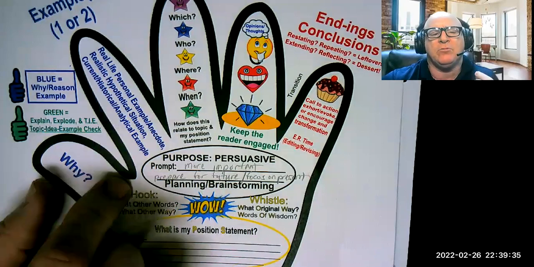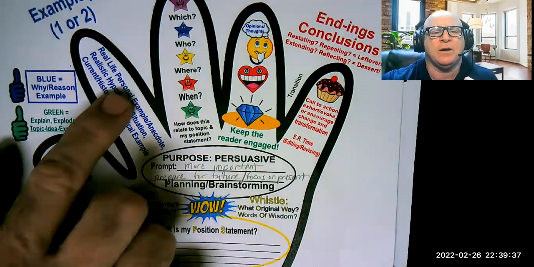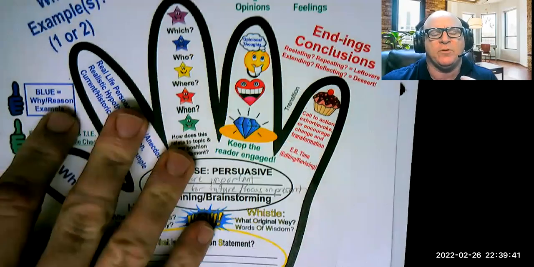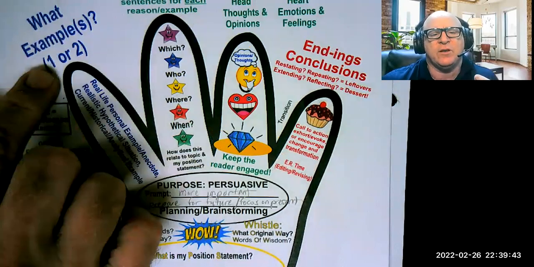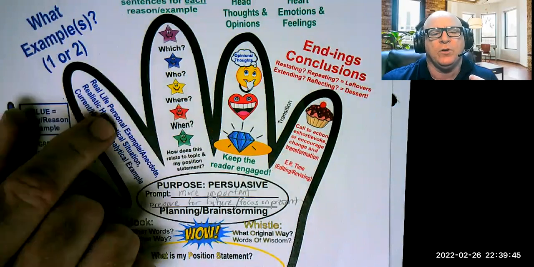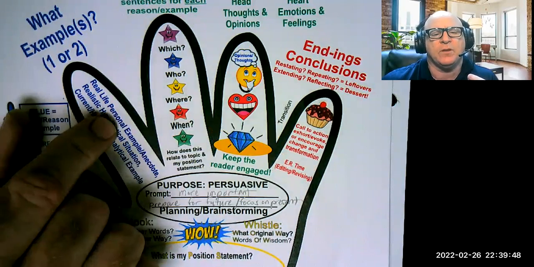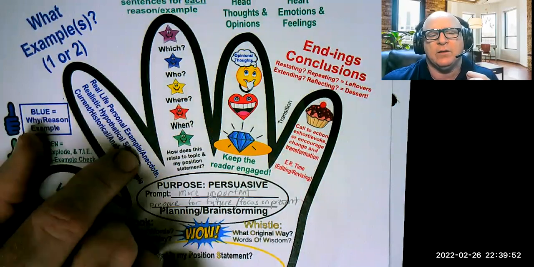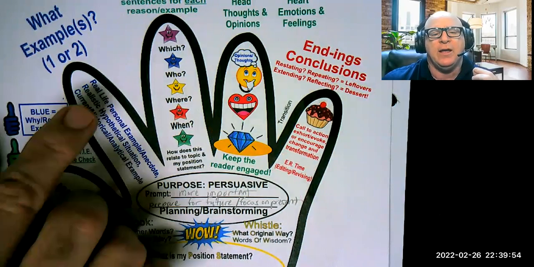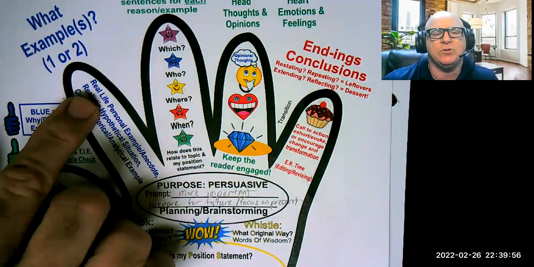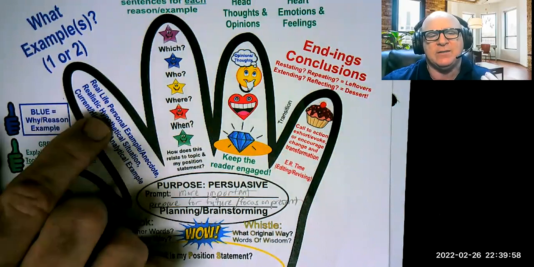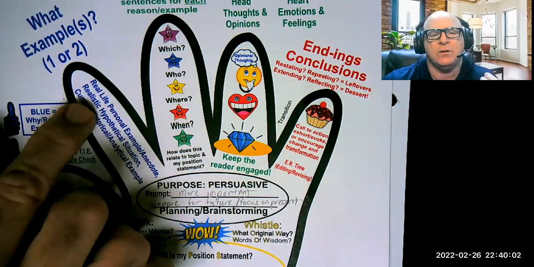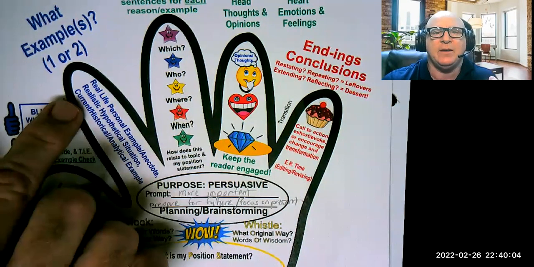Have a reason or two, or an example or two. What real life personal example for yourself or someone you know can you use? It's called an anecdote. What realistic hypothetical situation, it didn't really happen, but it could, could you use? A lot of that is done in second person. Is there a current event based on something that's happening?